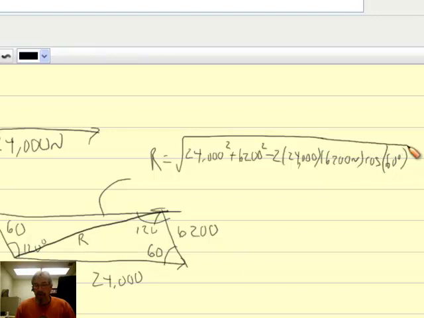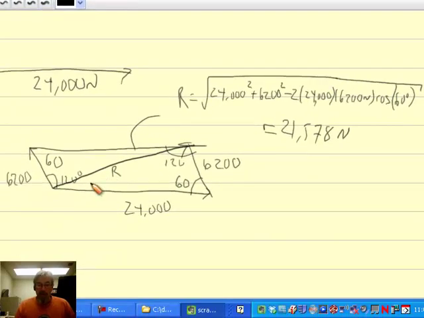So that is the resultant of these two vectors. Let's calculate it and find out what it is. Here's what I come up with. This resultant is equal to 21,578, and we know the units would come out to newtons.